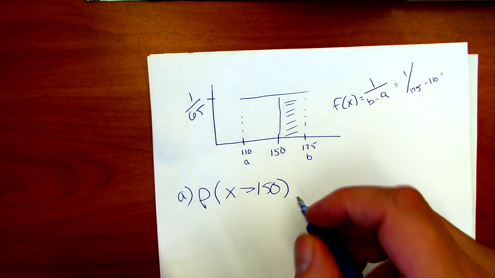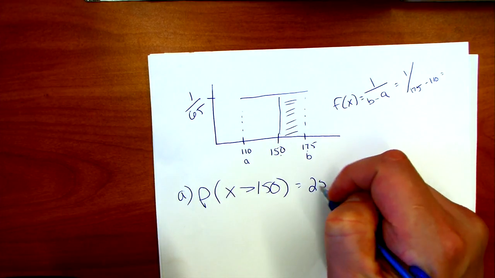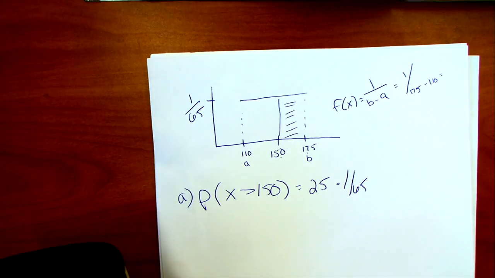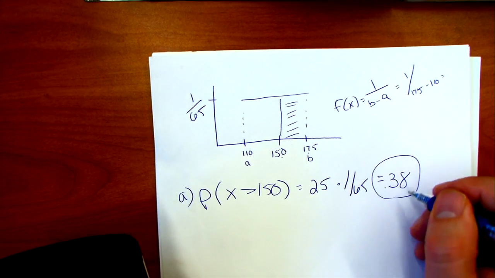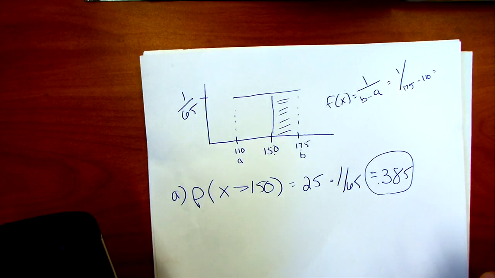That is definitely a rectangle that goes from 150 to 175, so it has a base of 25 and a height, because everything has the same height, of 1/65. Multiply those, and I get, hey, there's a 38.5% chance that this steel mill produces more than 150 metric tons.